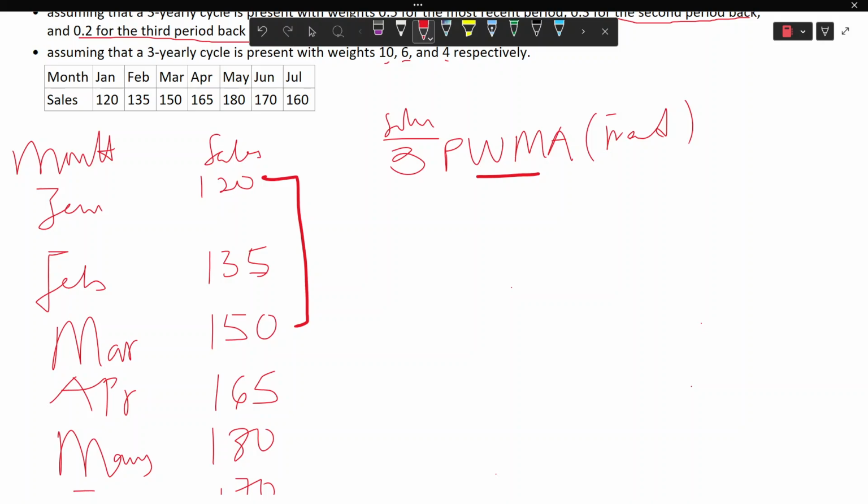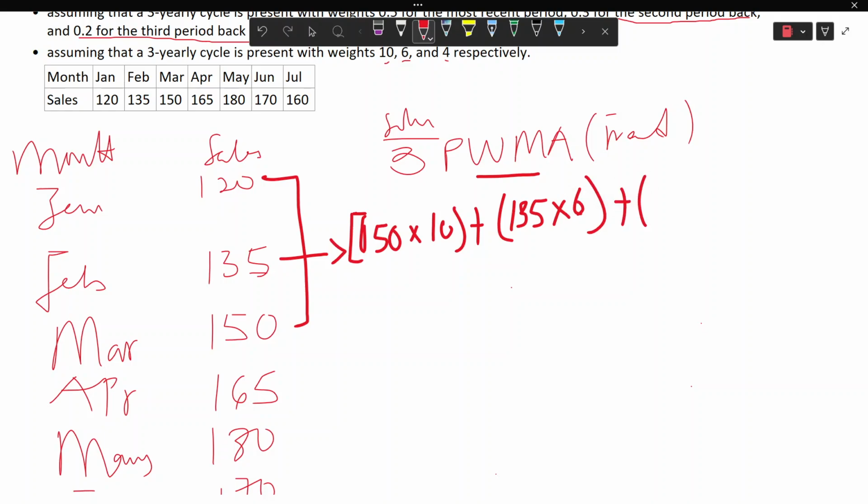The most recent data is 150, so we have 150 times 10, that's the weight, 135 times 6 plus 120 times 4.